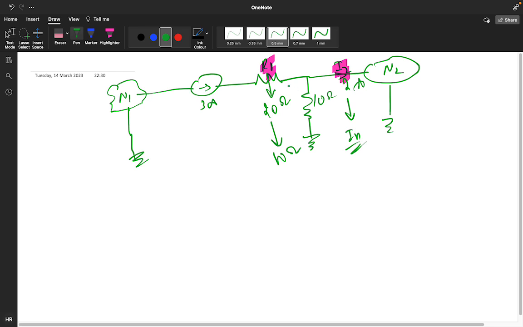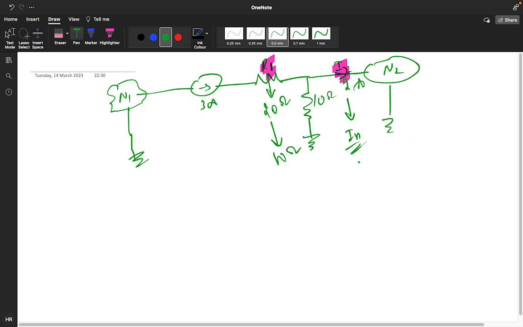If R1 is 10, the value will never change, it will remain the same. If you change the value of a resistance, your current value is not going to change. The current will be the same only.